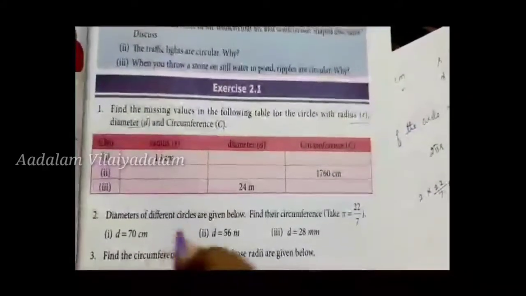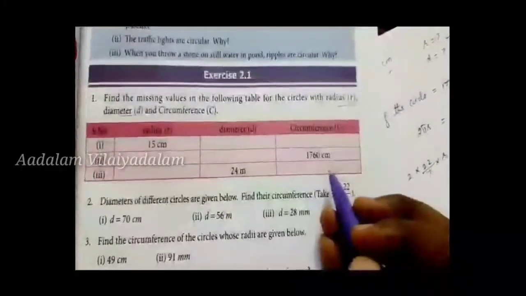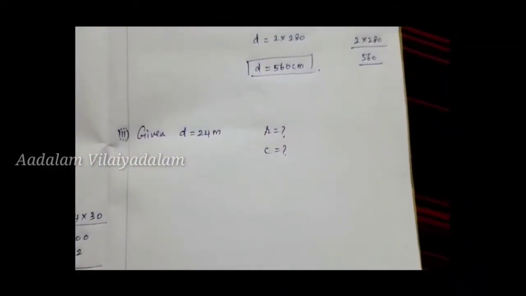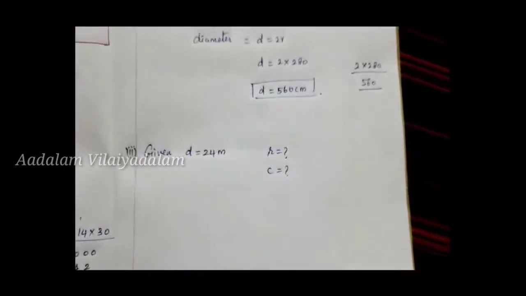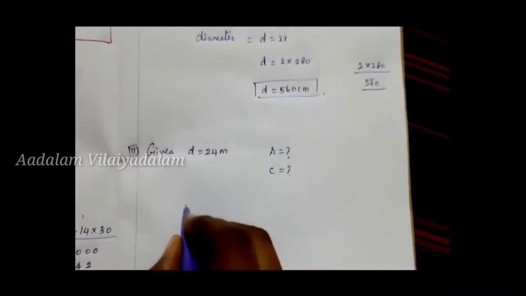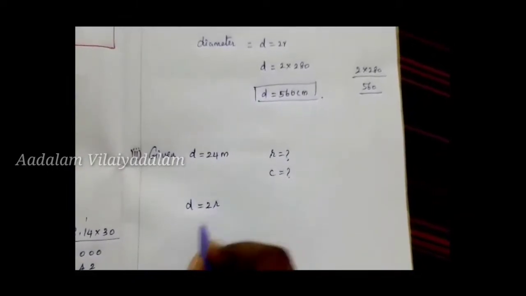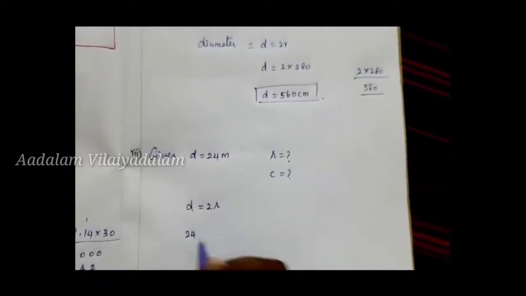In the third subdivision, radius is not given, diameter is given, circumference has to be found. Here we need to find the radius, isn't it? So we know the formula, that is d equal to 2 times radius. But here the d value is given, that is 24.